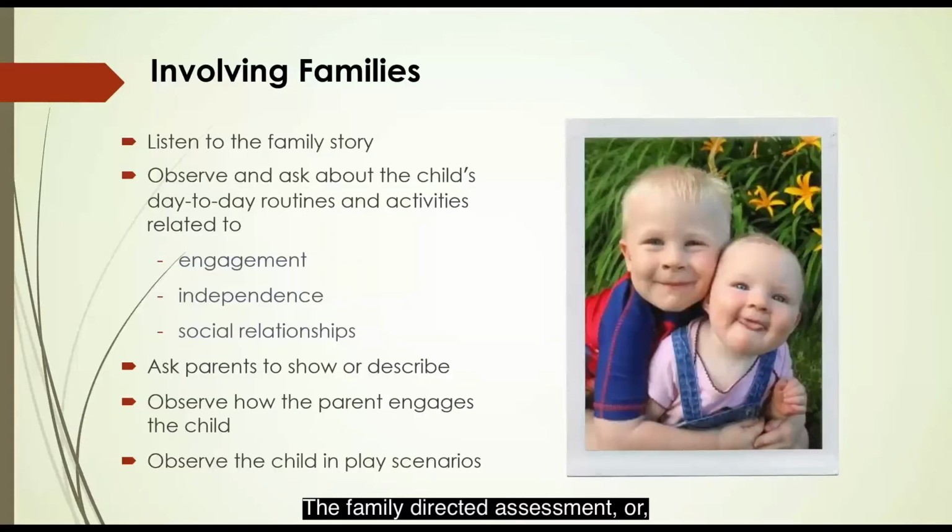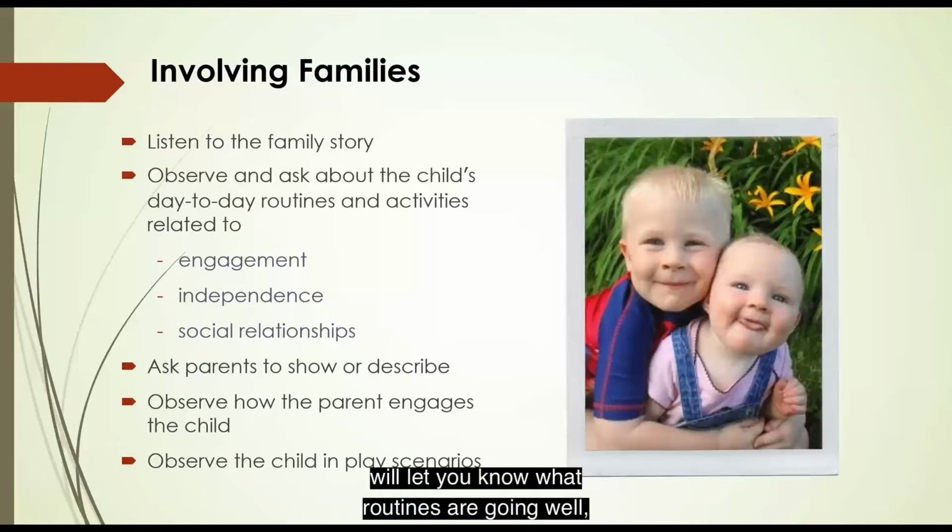The family directed assessment and the child assessment, the total complete functional assessment process, will let you know what routines are going well, what routines are not going well. You can use the information that you gathered about routines that are going well to help you build intervention around the routines that are not going well.